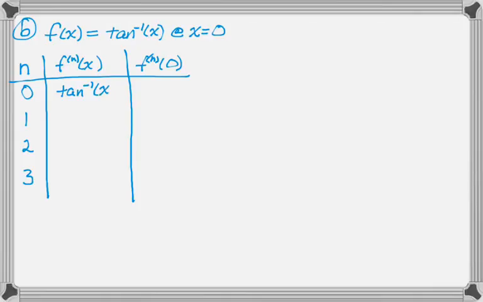So the original function is the 0th derivative. First derivative is 1 over 1 plus x squared, which I'm going to write with a negative exponent. There's actually no advantage to doing that here. Now I'm going to take the derivative, which involves quite a bit of the chain rule. So I get negative 2x over 1 plus x squared squared.